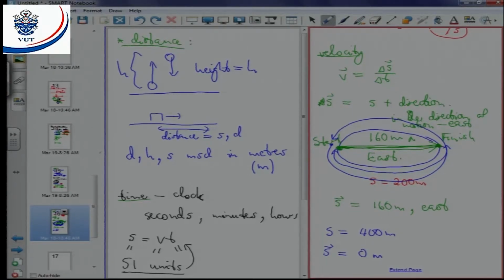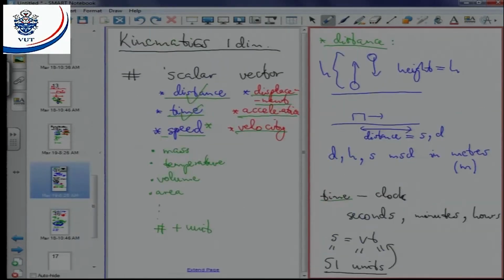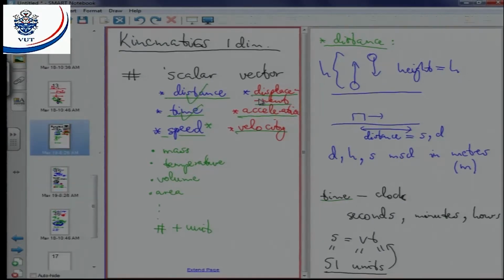Okay, so if we can just go back, now we have covered displacement and we have covered velocity, and also speed, and now we want to look at acceleration. Okay, so what is acceleration?